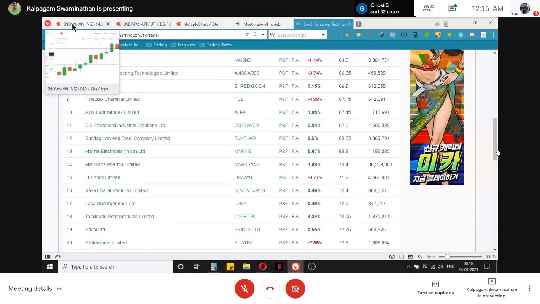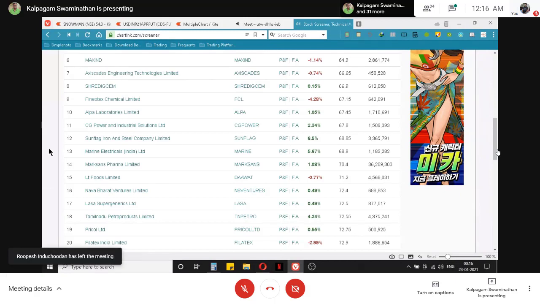HDFC Securities and SBI Cap Securities give it, but their brokerage commissions are very high, and we can't afford that. I used to trade with HDFC Securities. I used to see profit in my P&L, but in the evening I didn't see money in my bank account. Most of it these fellows would have taken as commissions.